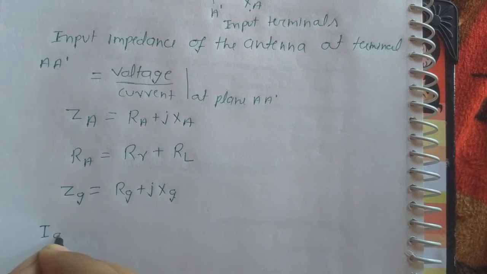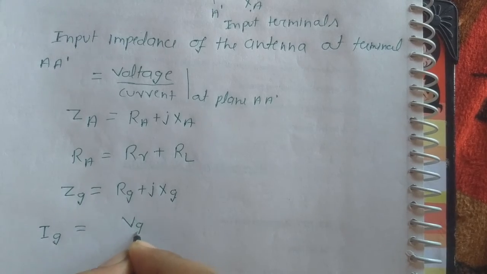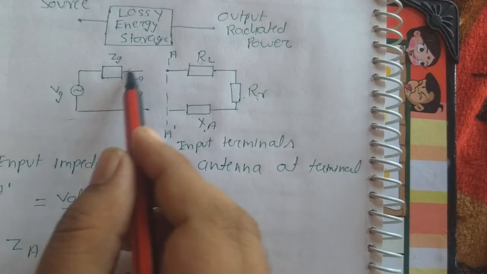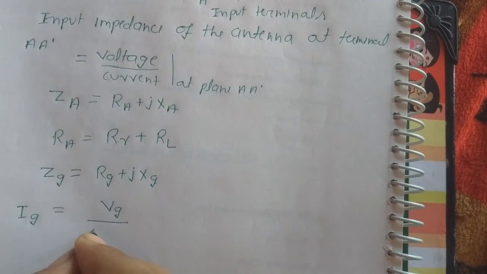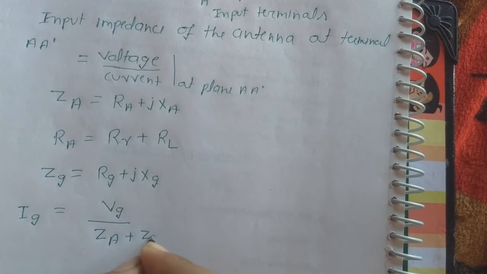So Ig will be equal to Vg divided by total impedance of the circuit, ZA plus Zg.